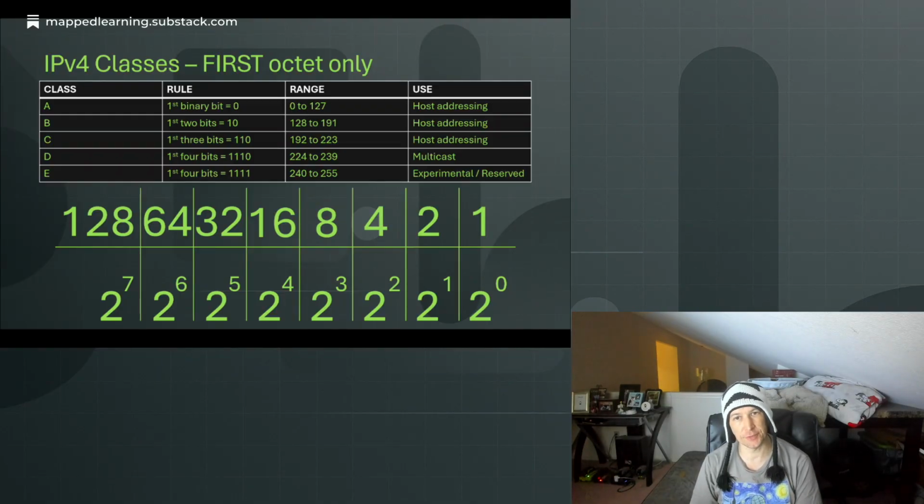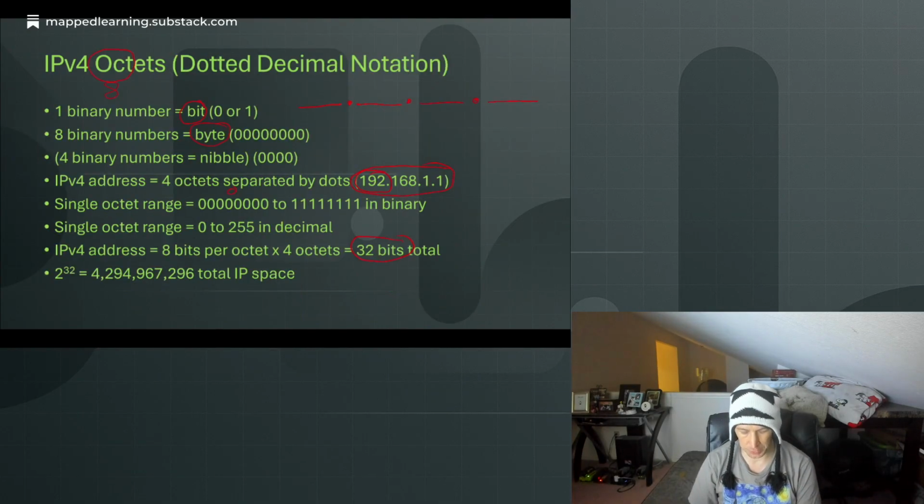So when we look at IPv4 classes, we are only focusing on the very first octet on the left. So if we look at this previous slide, in the example of 192.168.1.1, we are looking at this octet here, and we are ignoring the rest of the 3.